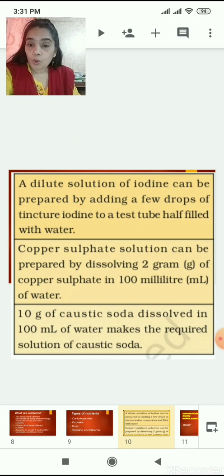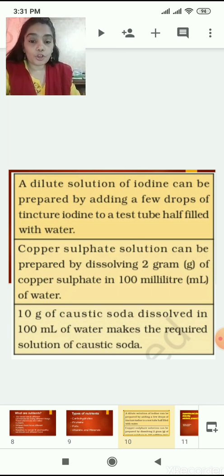All of this will be done with the help of the teacher. So copper sulfate solution is also ready. And the next one we need is caustic soda. 10 grams of caustic soda dissolved in 100 ml of water makes the required solution of caustic soda.